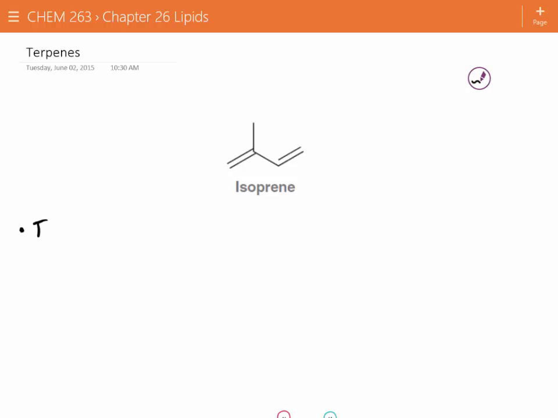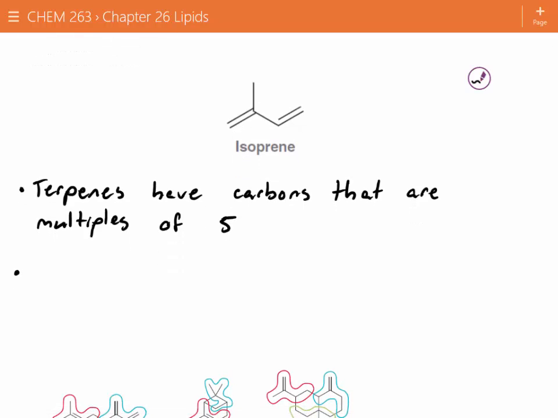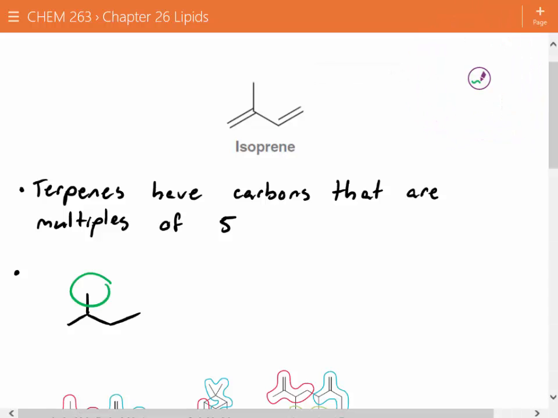So terpenes have carbons that are multiples of 5. And specifically, they don't have to have double bonds in them, but they do have to have a branch in them. So in this case, it must have a branch.